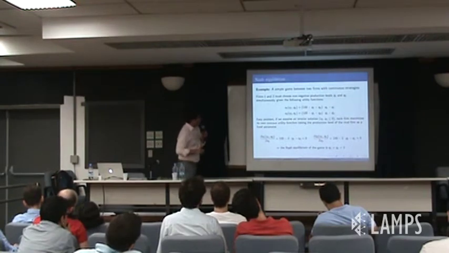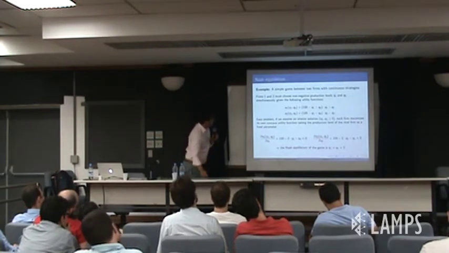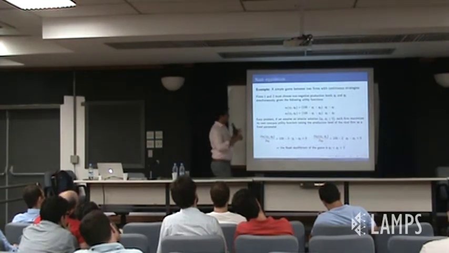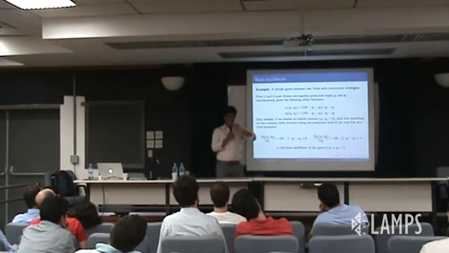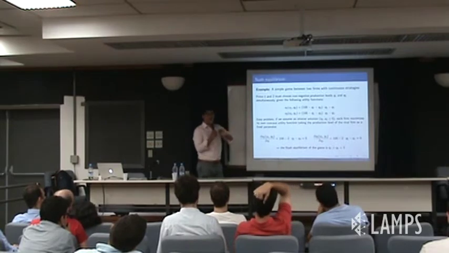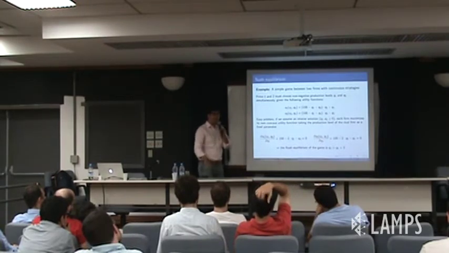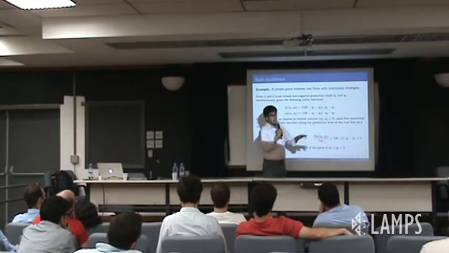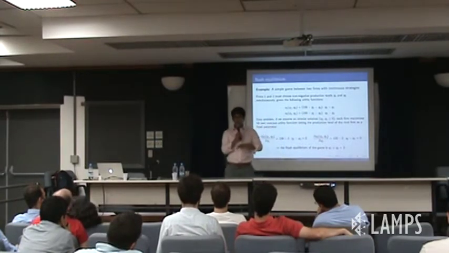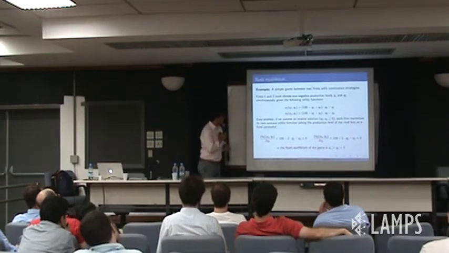So here's a simple game between two firms with continuum strategies. Forget about where these utility functions came from. Just trust me, that's their function of happiness. Let's say I came up with this. Okay? These are quadratic utility functions. They are concave. Okay?